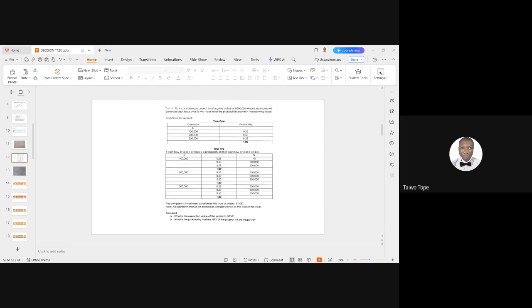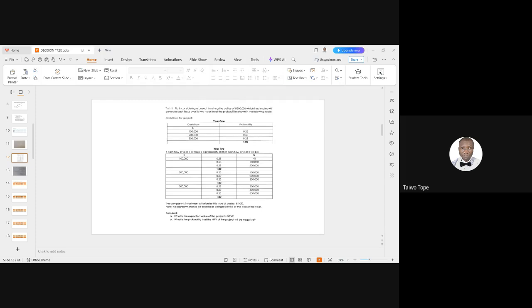It means that the inflow for year 1 will be recorded as at the end of year 1. It means it will be recorded as at that year.